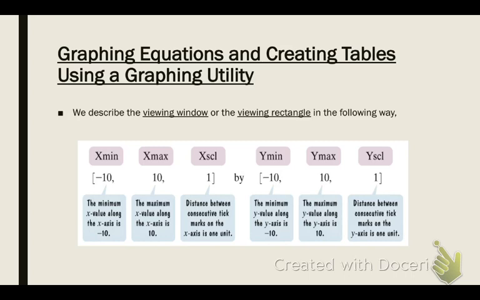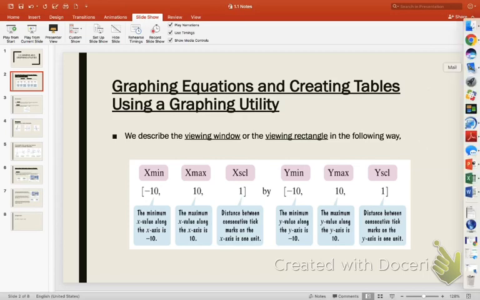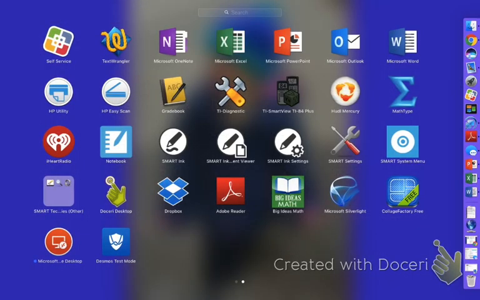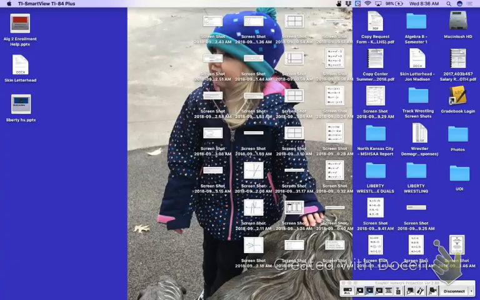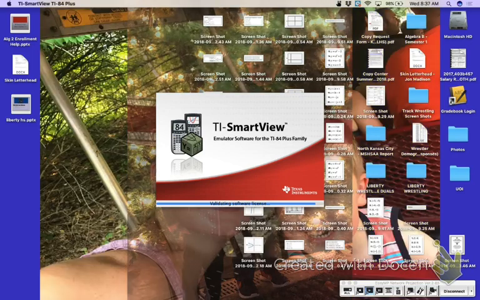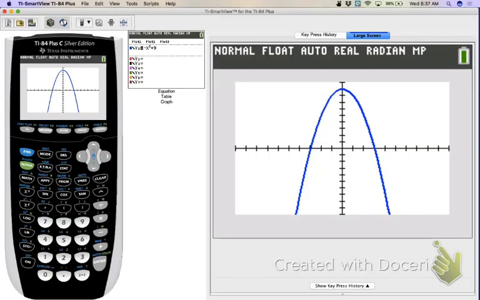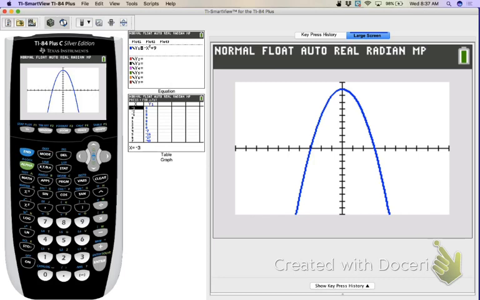Basically, we talk about the viewing window and the viewing rectangle. That's just the space within your calculator. What you're actually looking at is, and I've got the TI-84 here with everything, whenever you talk about the window, it's basically: what do my values go to as far as my X values?